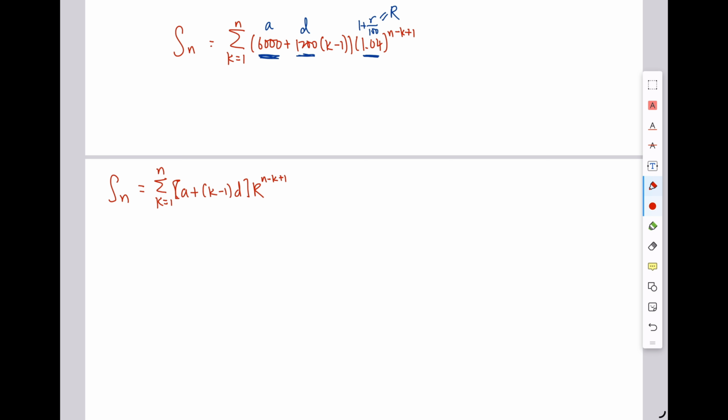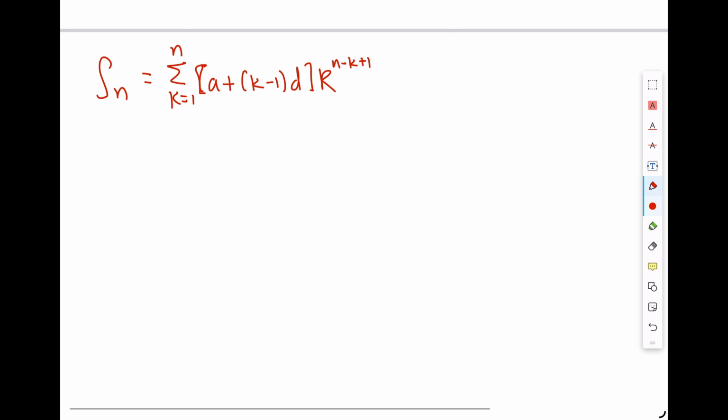Now k is my dummy variable. So anything that has to do with n inside this summation is actually a constant. So let me simplify this as much as possible. Because R to the power of n plus 1 is going to be a constant, I'm going to pull that out directly.